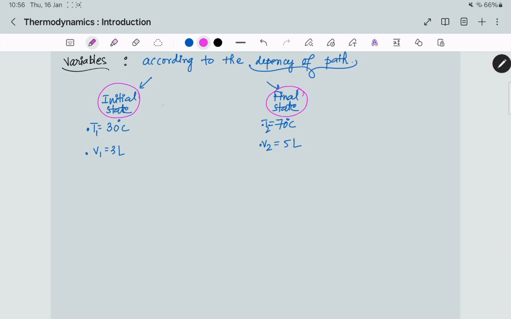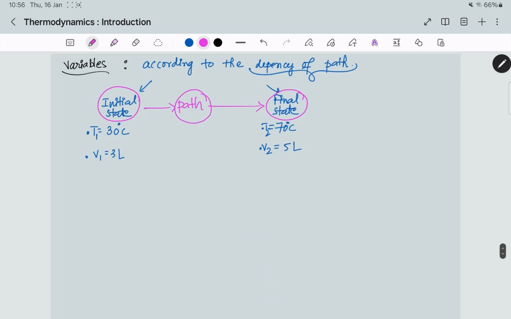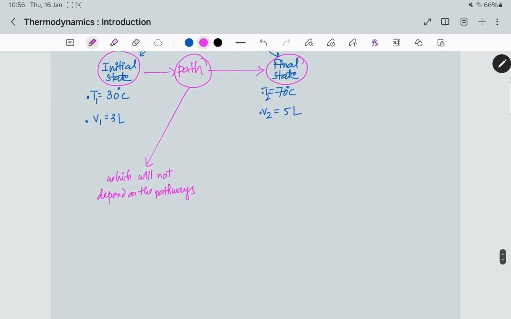So various processes, various pathways we can use. So in between there will be one term which is path. Okay, so we are classifying the variables which will depend on these pathways and which will not. Okay, so at first the variables which will not depend on the pathways, they will be termed as state function.